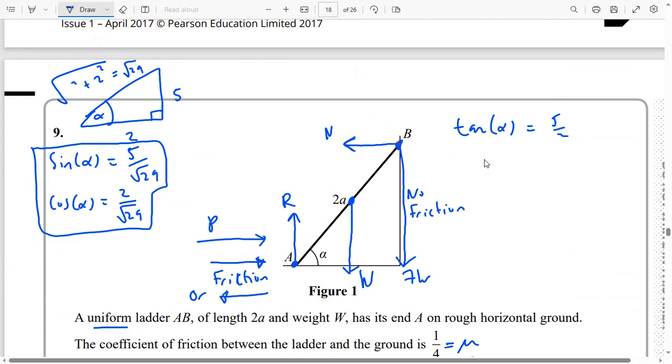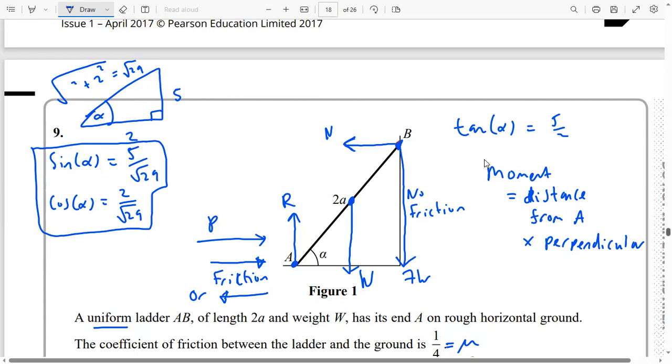Remember our formula: moment equals distance from A times the perpendicular force. This P force is acting at A, so the distance it is away from A is 0. So we can forget about that force, and also the friction. That's why taking moments at A is a really useful trick with this question.